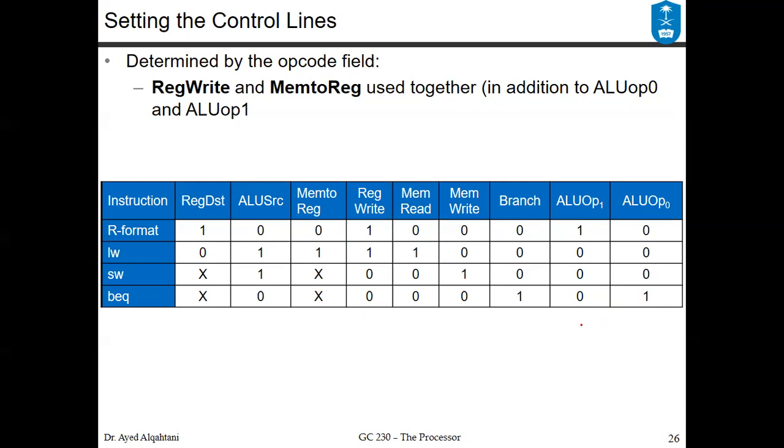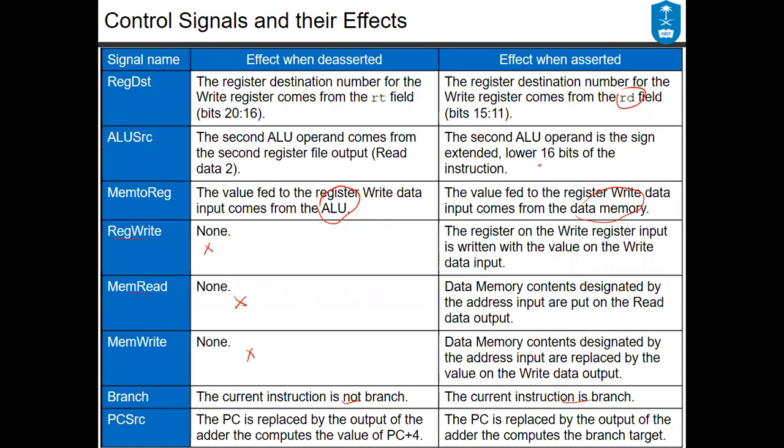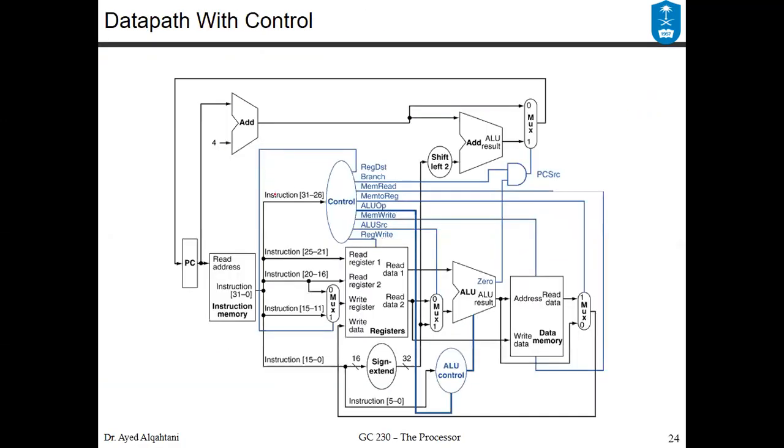So this tells you basically that the control checks the opcode. If the opcode is for load, meaning it's 35, convert this to binary, and you'll find it in 6 bits from 26 to 31 in the instruction. The hardware knows that this is a load.